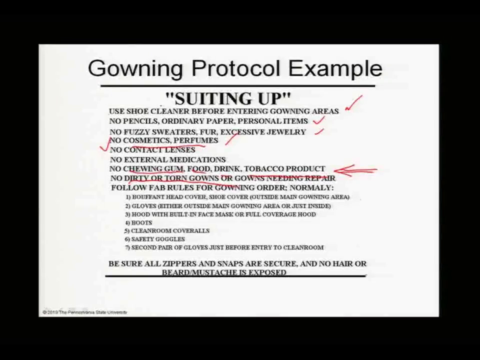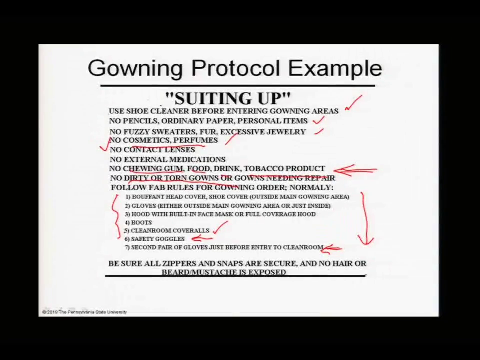And then this is the order in which one suits up, starting with the head cover, the shoe cover, the gloves, the hood, the boots, the clean room overalls, that is the bunny suit or the gown, the safety goggles, very important. And then oftentimes a second pair of gloves is required in case the first pair got contaminated in doing these steps, a second pair before you enter the clean room.